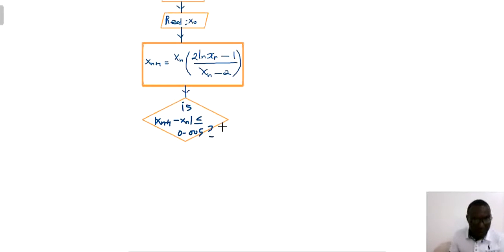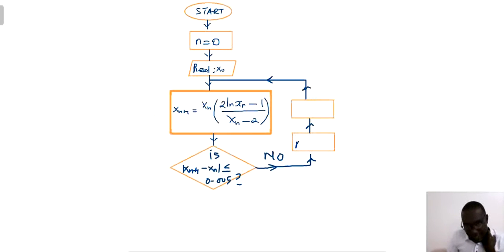It should be in equation form. So if the error is not less than the maximum possible error, so smaller n is going to become n plus 1. We shall add a 1 on the previous n. Consequently, even the values of x are going to change. So we shall have xn becoming xn plus 1.